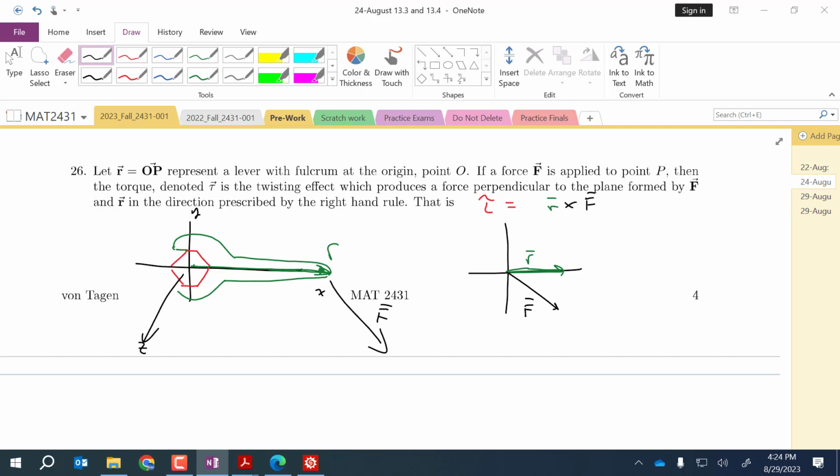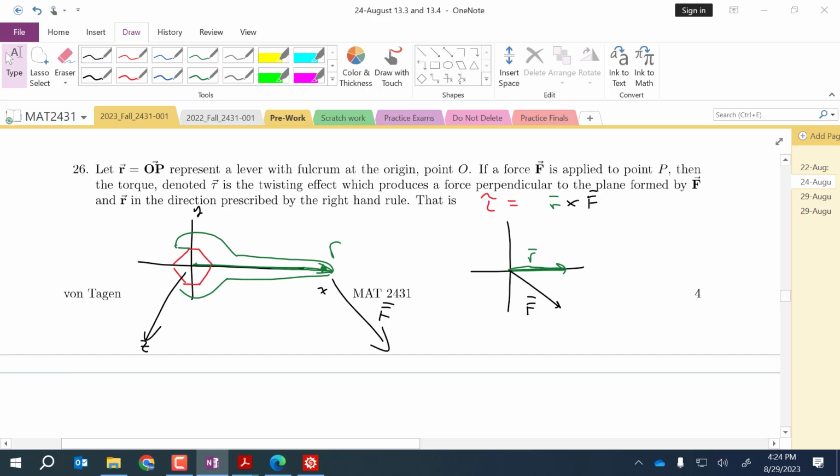I'm not sure about that explanation. As far as the torque vector though, it is going to point either out of the plane or into the plane. And in this case, the torque vector would be pointing into the plane because of the direction of our force.